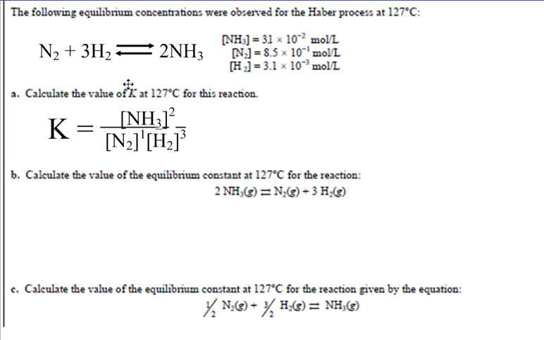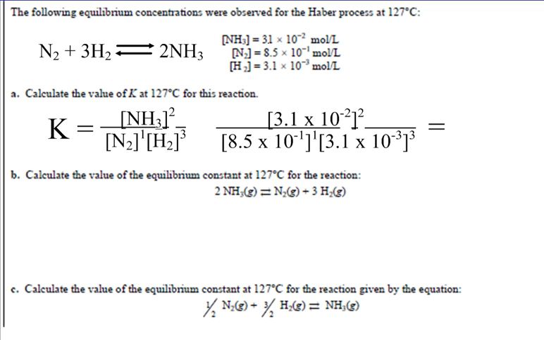Often this would be 1 point in and of itself, free of everything else. If you skipped over writing K equals and all this, you would have forfeited 1 point on this problem. So now that I have this, I can plug in these values here. Do a little bit of plugging and chugging on my calculator, and I find that K equals 3.8 times 10 to the 4th.